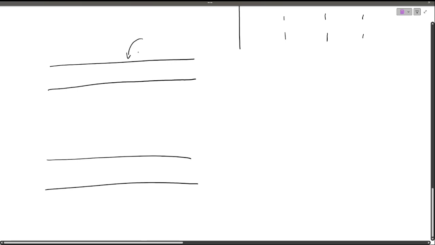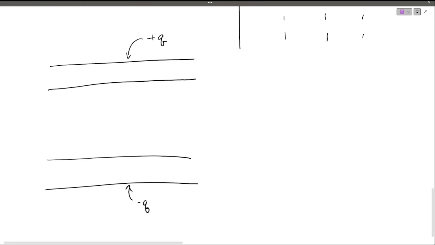So this being a capacitor, we expect there to be plus Q here, minus Q here. So with the capacitor, all the charge ends up concentrated on the inner sides.